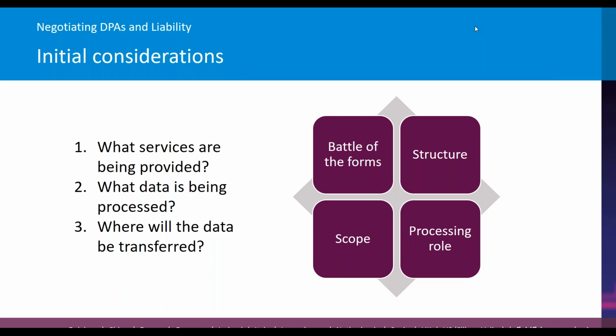But in some cases, you might need a slightly different structure. For instance, if there are a number of different services being provided under SOWs, and they all have a slightly different kind of arrangement, then it might be more appropriate to have standalone or separate DPAs. Again, that's going to depend, but it's something to think about.